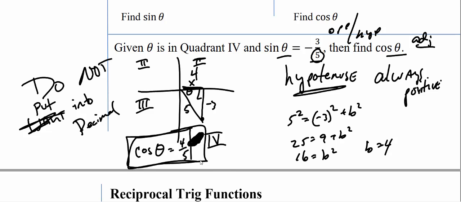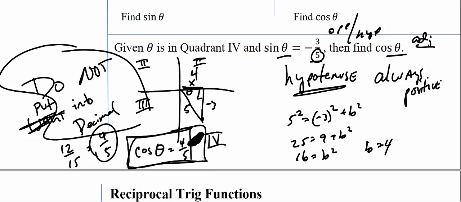Leave it as your fraction. If it can be reduced, like if it's 12 over 15, then sure, go ahead and divide that by 3 and put 4 over 5. Fantastic. But do not ever put it as a decimal. Sorry, I said it wrong. Do not put into decimal form.